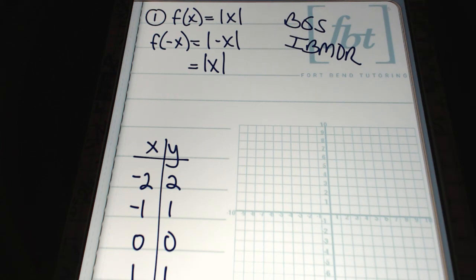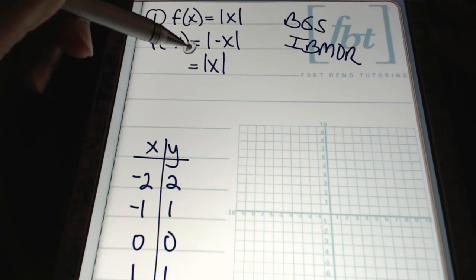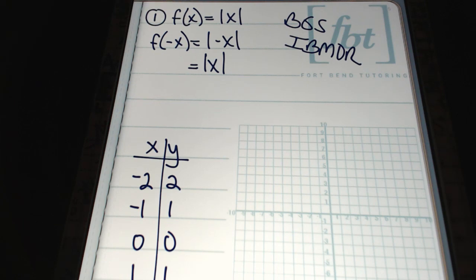Okay, so therefore our original function, f of x equals the absolute value of x, is also equivalent to f of negative x. Well, what does that mean? Well, if you were paying attention earlier to our even and odd function test, anytime the original function is identical to the function once you replace the value of x with negative x, that means you're dealing with an even function.